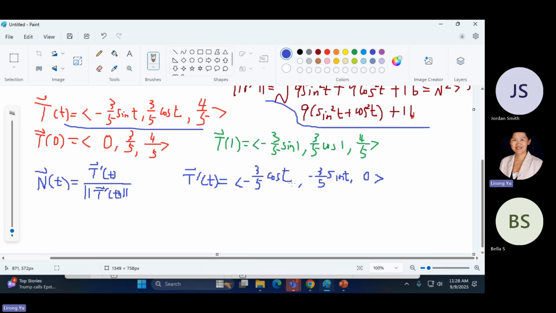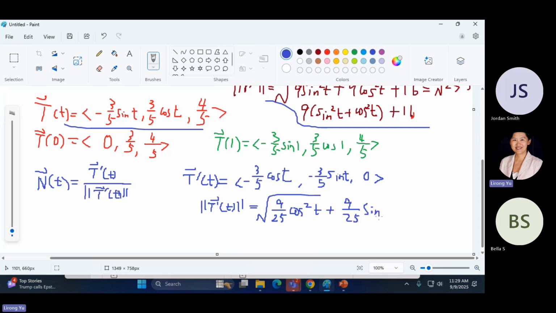And the derivative of the 4/5 is 0. Then let's find the magnitude of T prime. The good thing is it's cosine and sine. You square this, you have 3 squared, 9/25 cosine squared t, plus 9/25 sine squared t.